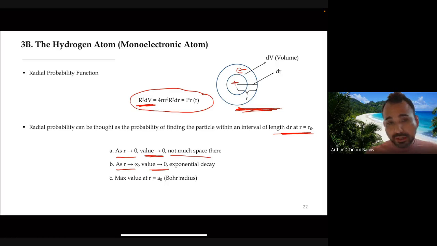It is so far away that there is no attraction, and that electron is going to be released. Basically, your atoms are going to become ionized. So what we'll see is an exponential decay in this graphic. And then finally, the maximum value of r is a naught. That's the atomic Bohr radius.